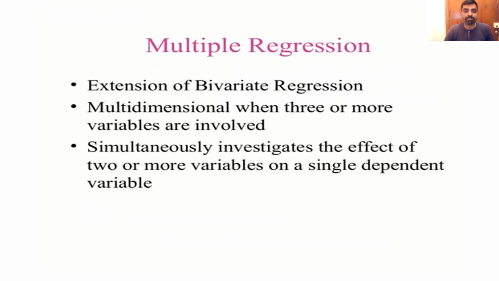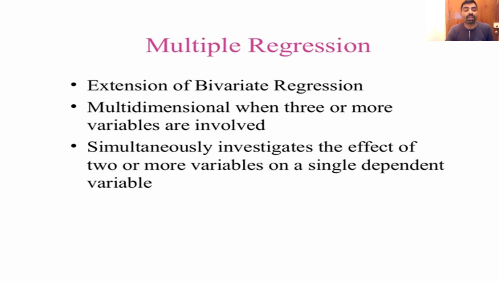Multiple regression is an extension of bivariate regression. In univariate analysis, we analyze one factor at a time. In bivariate analysis, we use only two factors or two variables.